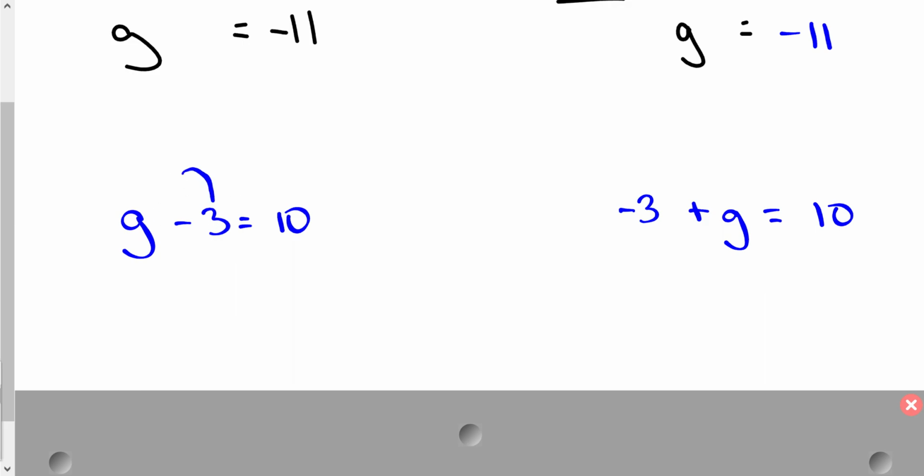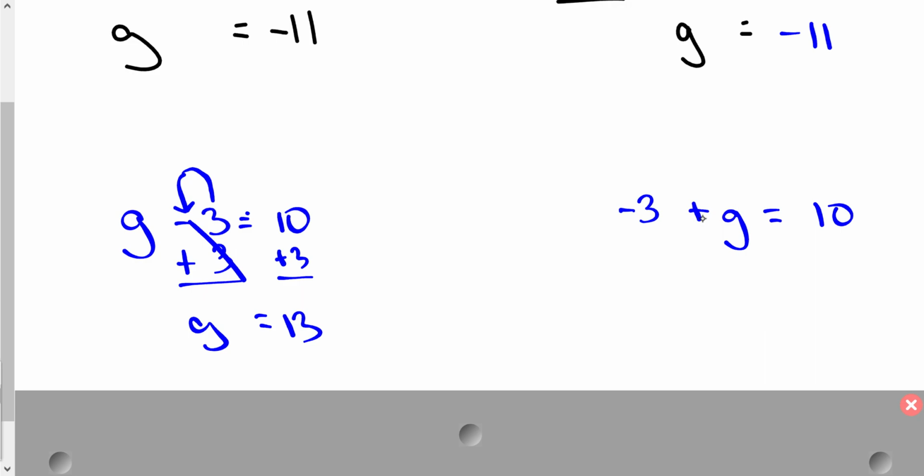Subtracting 3. But anytime that it's adding or subtracting, we look where? Left. Oh, here it is. I see a sign right there. What's the opposite of that sign? And now we're just going to do this to make that go away. And we put it on the other side, and we get G equals what? 13.